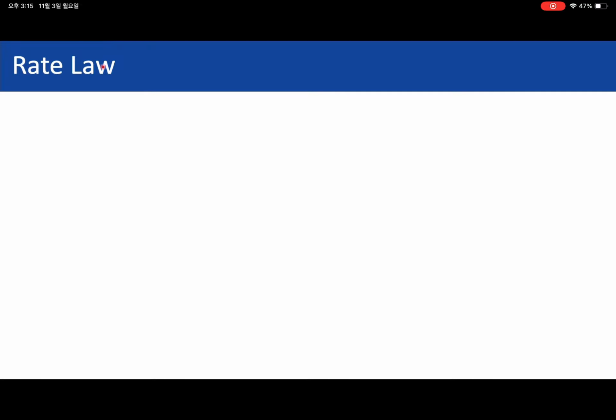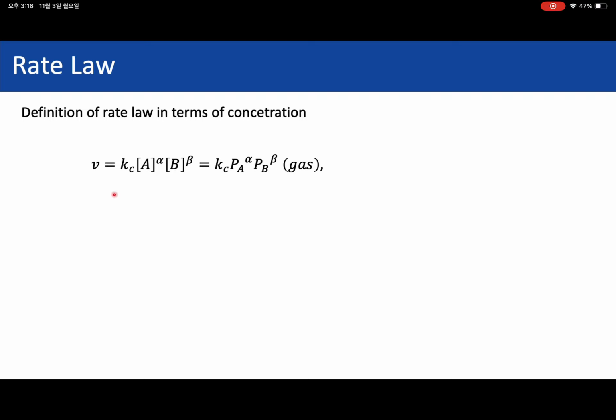Now let's discuss the rate law. We can define this rate law, which is the speed of reaction in terms of the concentration. It's simply that the rate of reaction is the product of some constant with the concentrations of reactants raised to some power.